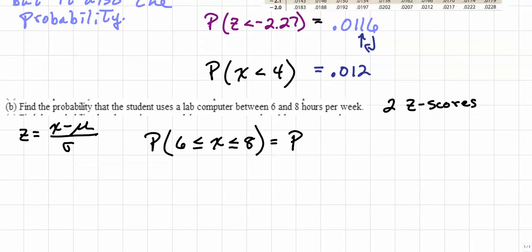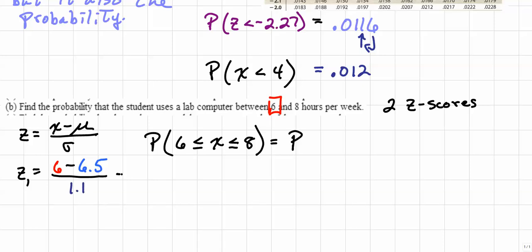So as I said, we're going to need to find 2 z-scores. Z sub 1 will be related to 6 hours. So this will be 6 minus the mean of 6.5 divided by the standard deviation of 1.1.